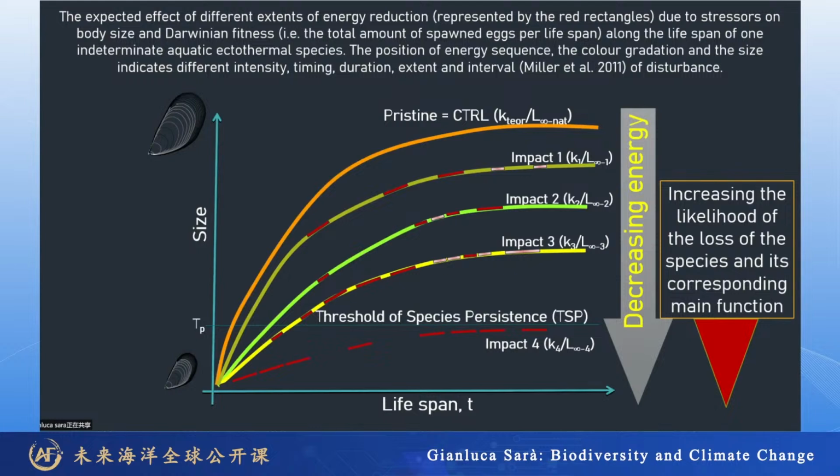Body size is a really important variable which is usually affected by climate change. When you increase temperature, there is scientific evidence that usually organisms are smaller. Whether this pattern changes between northern and southern latitudes is not important, but we have a direct effect through this kind of curve model on the body size of our organisms.